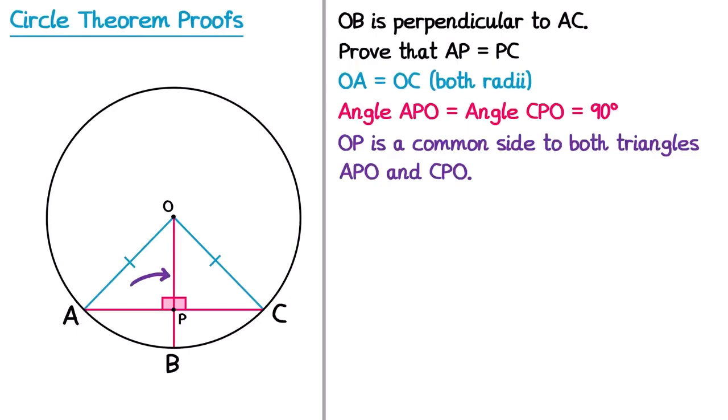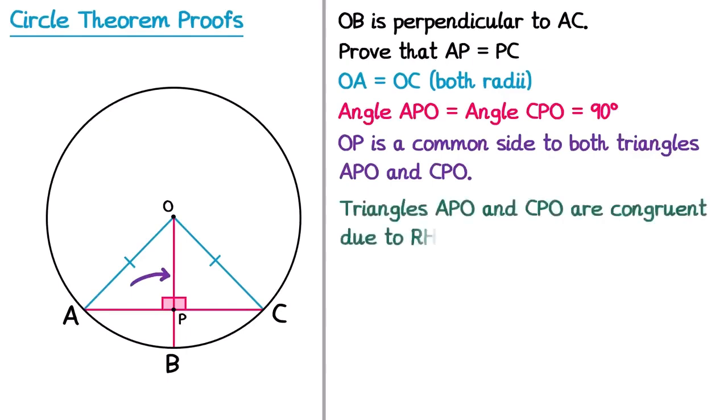They both have a right angle, their hypotenuses are both the same since they're the radii, and they have another side the same, which is OP. So we could say that triangles APO and CPO are congruent due to RHS.